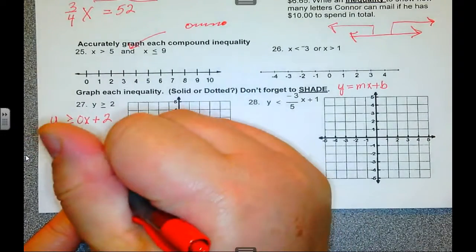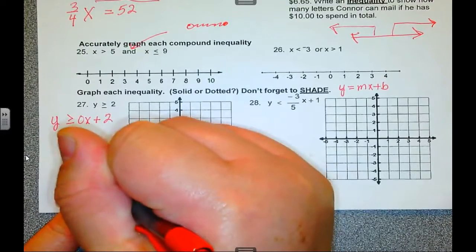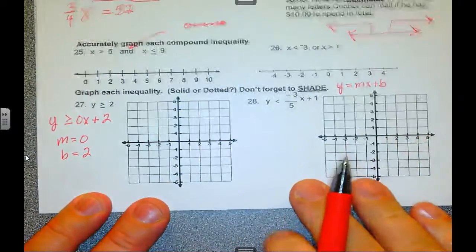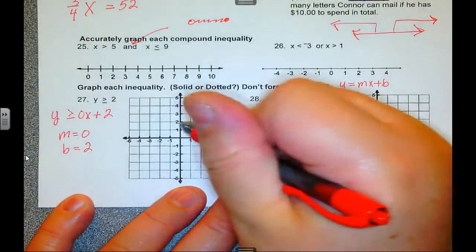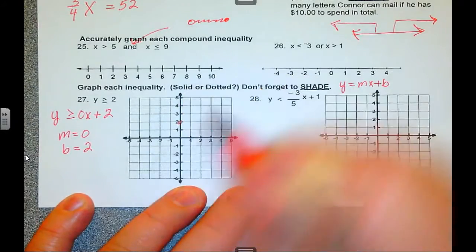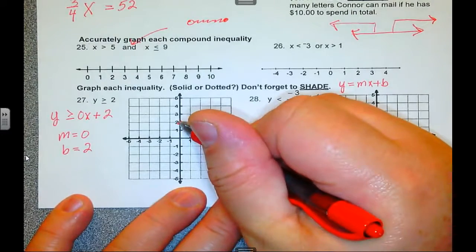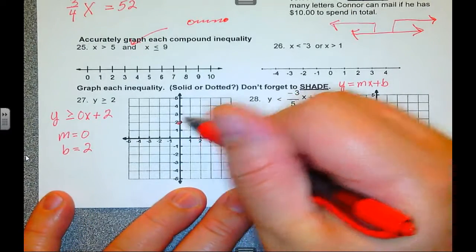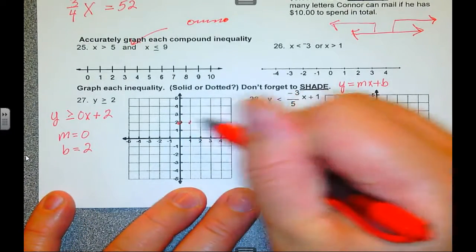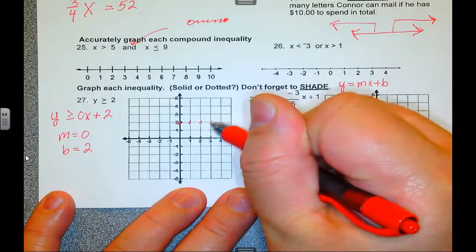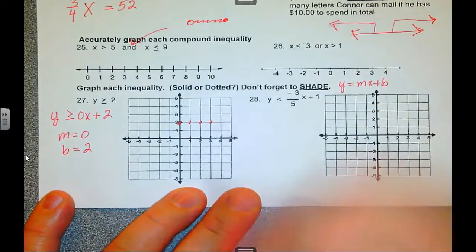So our slope is 0. Our y-intercept is 2. This is where it crosses the axis. Slope is 0, so I'm going to go up or down 0. But my y is always going to be 2. And horizontal line at 2.